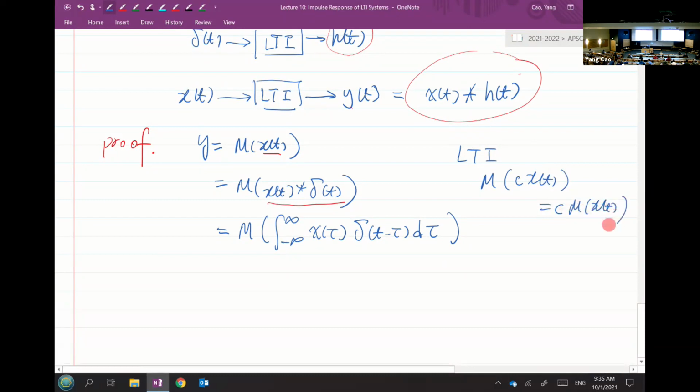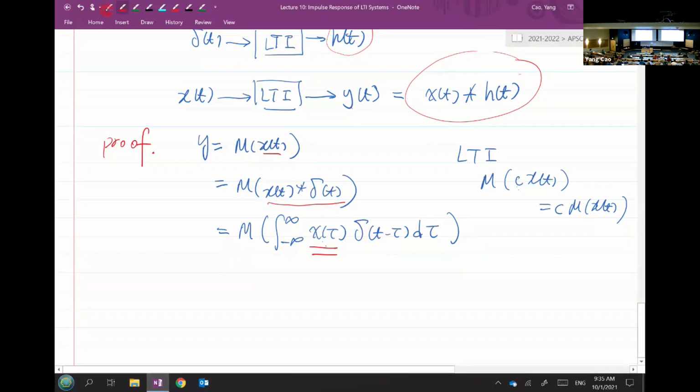If you look at the current expression, the operator applies to the whole input. The only thing that has a t showing up is this function here. The x of tau doesn't really have a t. If it doesn't have a t, I can consider it as the constant c.